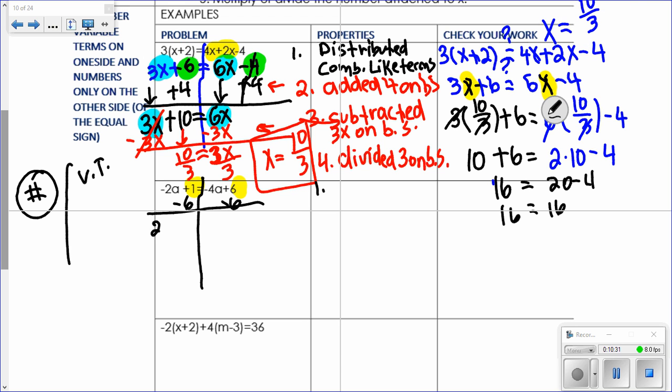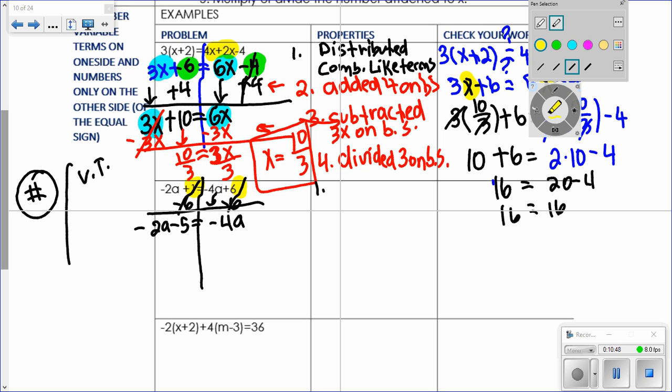Okay? Negative 2a comes down. 1 minus 6 is minus 5 equals this negative 4a comes down. Okay? And 6 minus 6 just goes away. Now I took care of my number terms. Number terms are on the left.